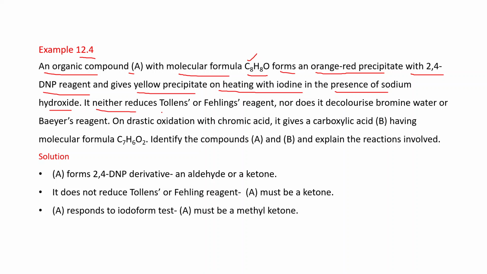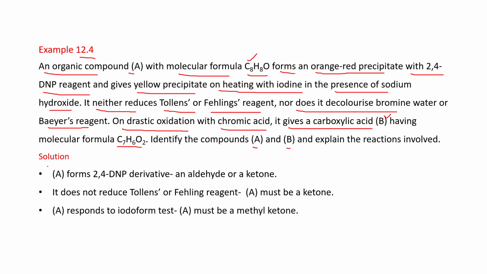It neither reduces Tollens or Fehling reagent, nor does it decolorize bromine water or Baeyer's reagent. Baeyer's reagent is alkaline KMnO4. On drastic oxidation with chromic acid, it gives a carboxylic acid B having molecular formula C7H6O2. Identify the compounds A and B and explain the reactions involved.